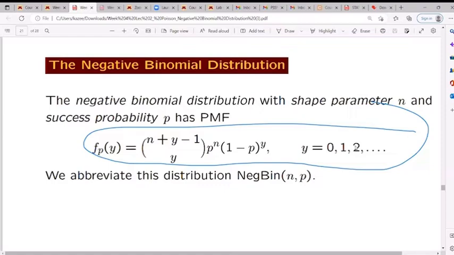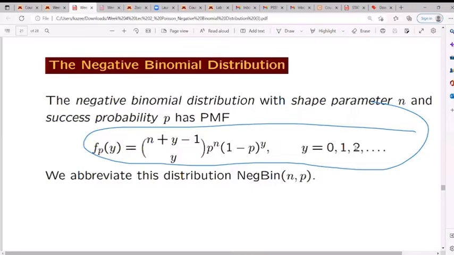Some of you may be wondering what the difference is between the negative binomial and the geometric distribution in terms of application. The geometric distribution is used when we want to know the number of failures before we can record the first success.